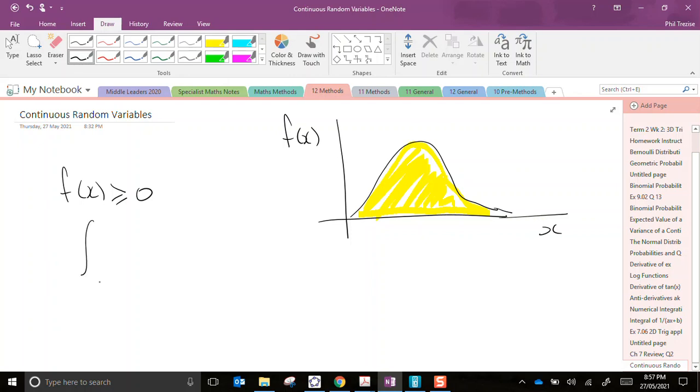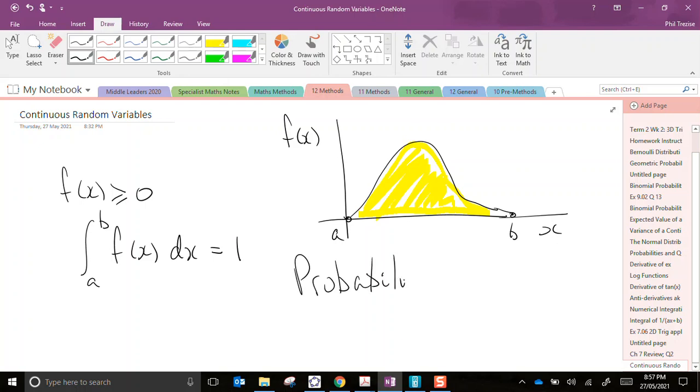So the integral from point A to point B, where this is some point A and this is the end of the function here at point B, of our function must equal 1 to represent all the probabilities. If those two conditions were met, then this thing is a probability density function.